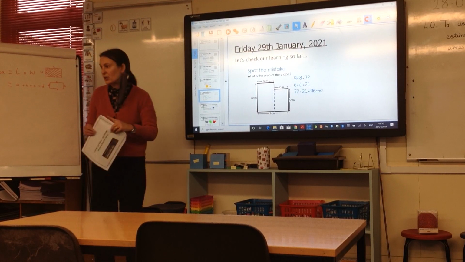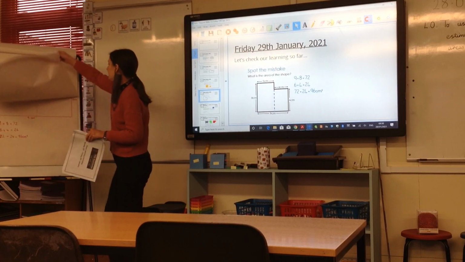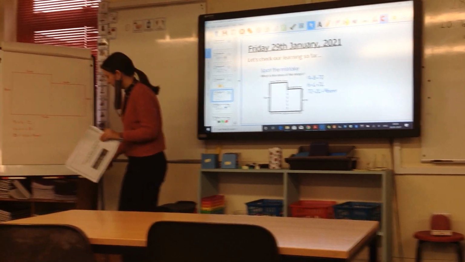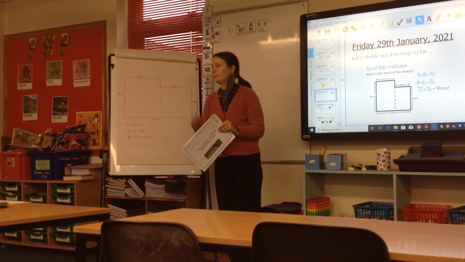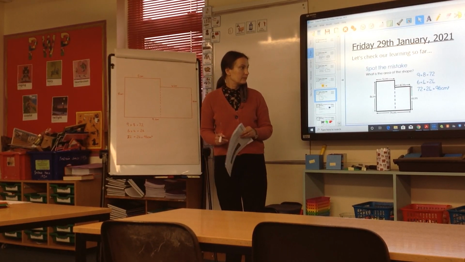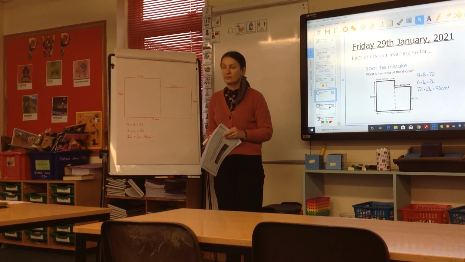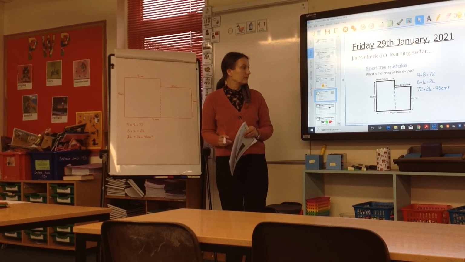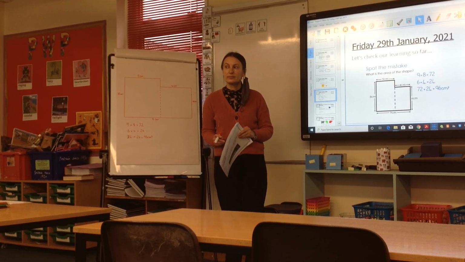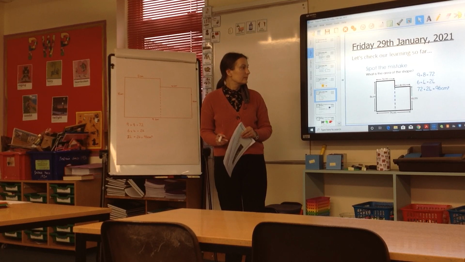Can you see where they've got that information from? So let's take a look. So the mistake is that where they've drawn the line going vertical, they've done the 9 times 8, but because they've split it into 2 different rectangles, on the left hand side it should be 5 times 8, and on the right hand side it should be 4 times 6.